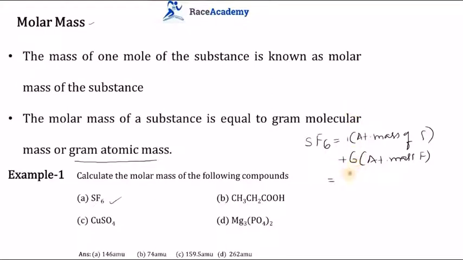So what is the atomic mass of sulfur? 32. Plus 6 into atomic mass of 1 fluorine, which is 19. So 32 plus this is how much? 6 times 19 is 114.